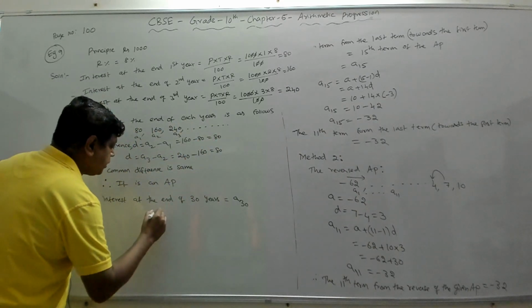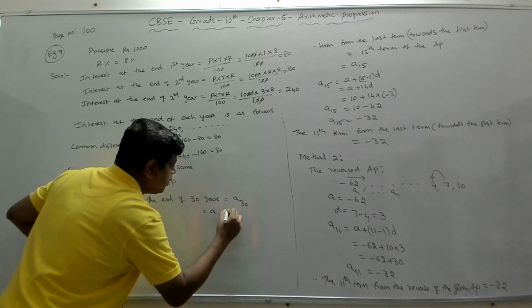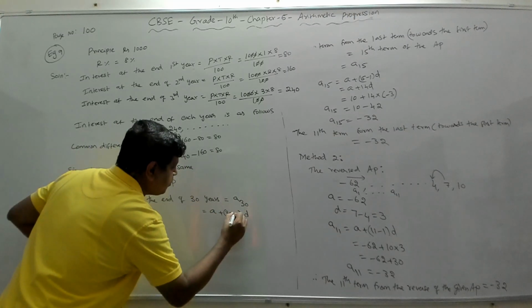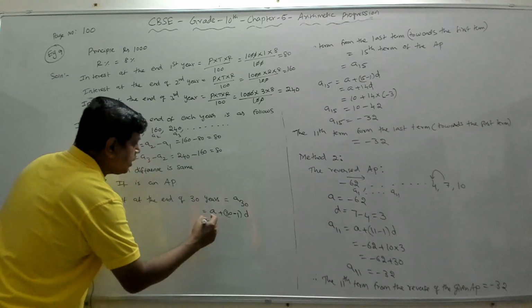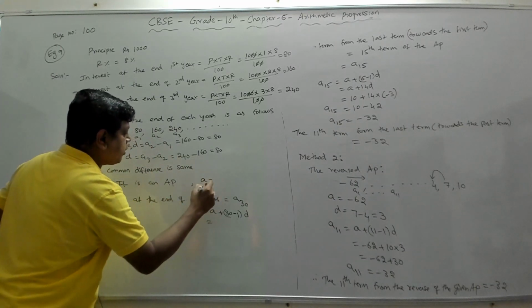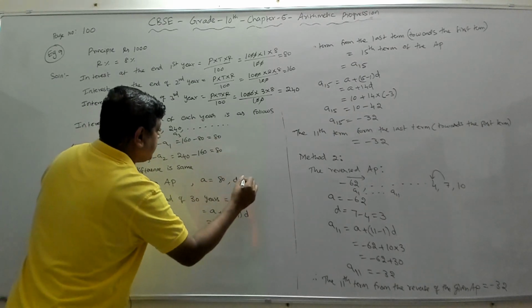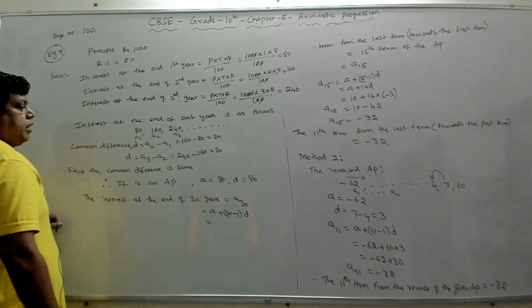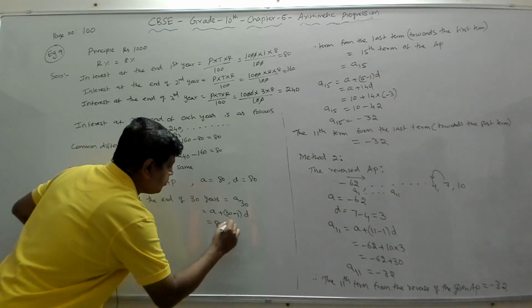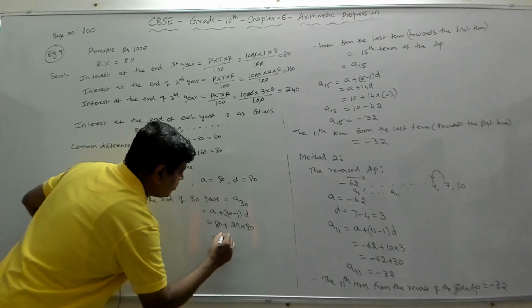So A30 is equal to A plus 30 minus 1 into D. And what is A? A is the first term. Whenever we say it is an AP, it is always better to write A. A equal to the first term, 80, and D is also 80. So A is 80 plus 30 minus 1 is 29 into 80.